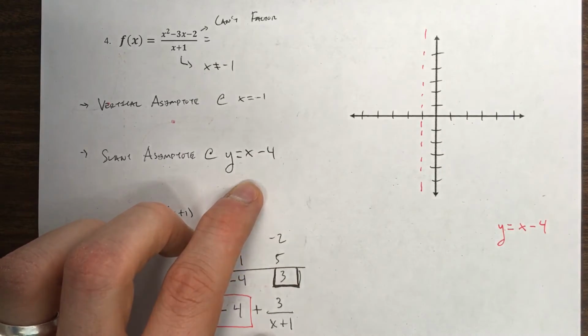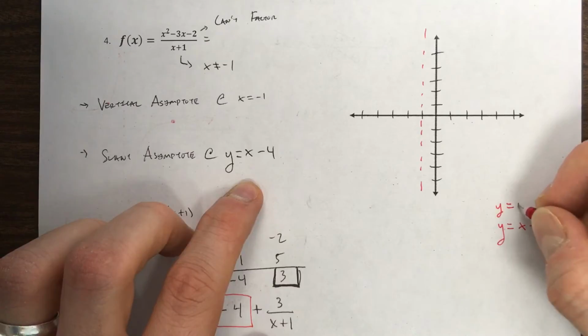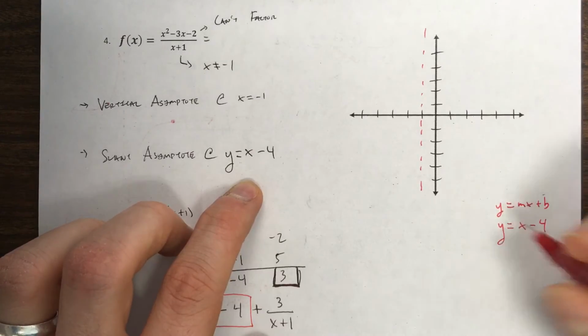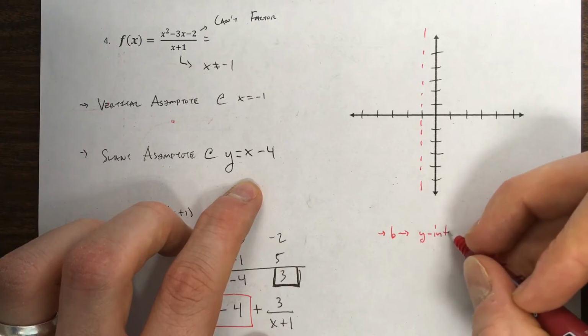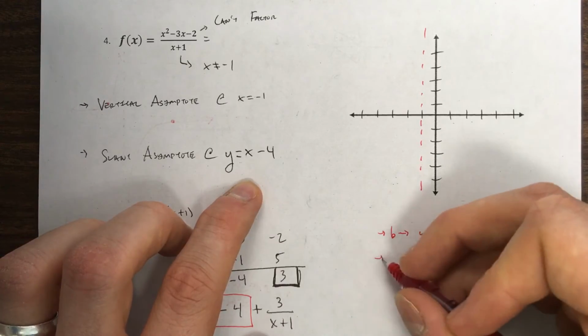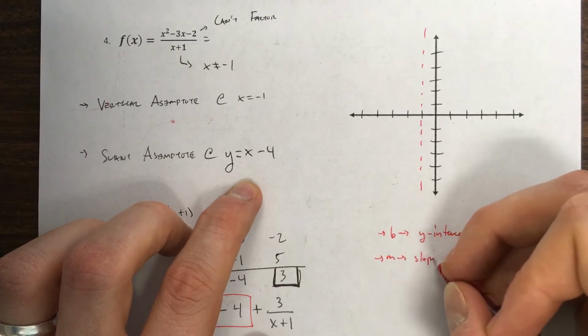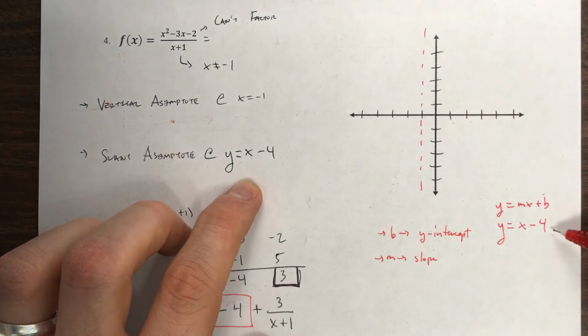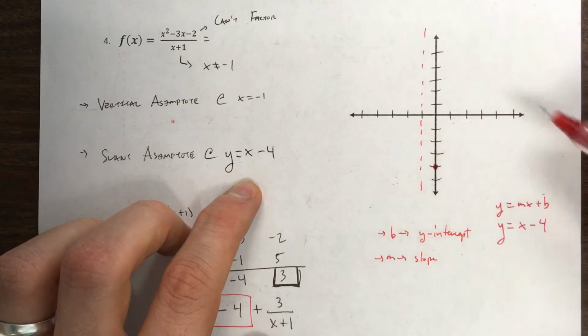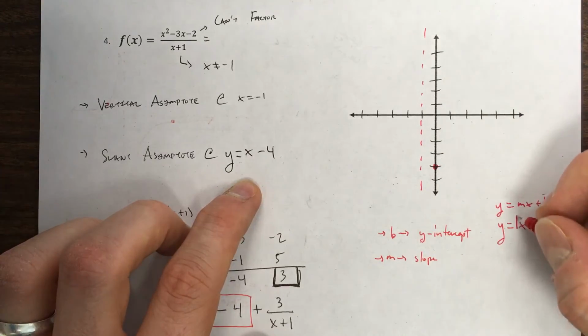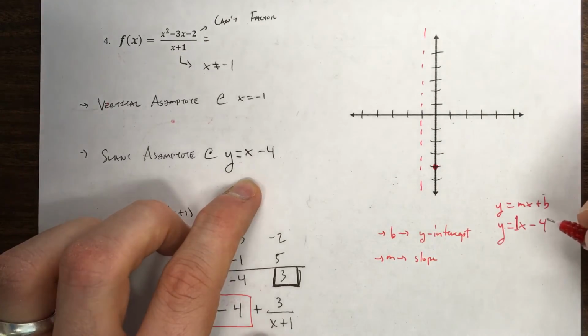How the heck can we graph that? Well, what we can do is mx plus b. So the b tells us our y-intercept. M is our slope. So because -4 is our y-intercept, it's going to touch the y-axis at -4. Our slope, there's a 1 in front of x. So our slope is 1.